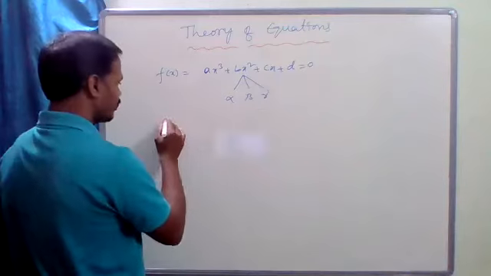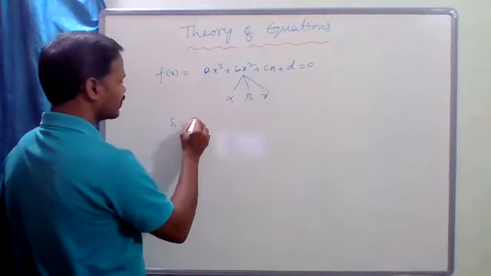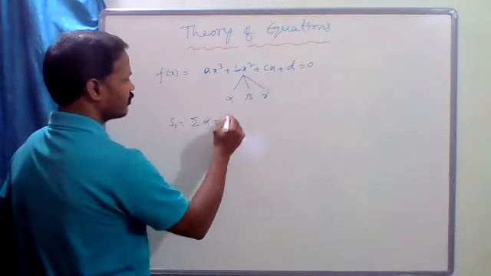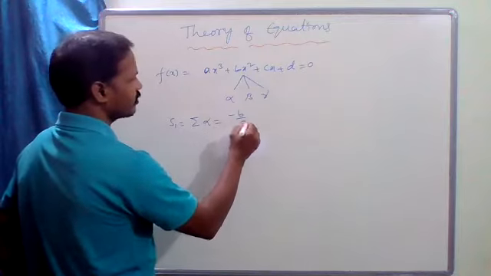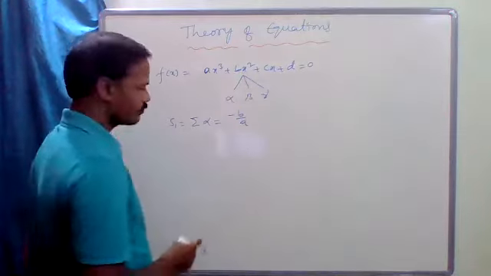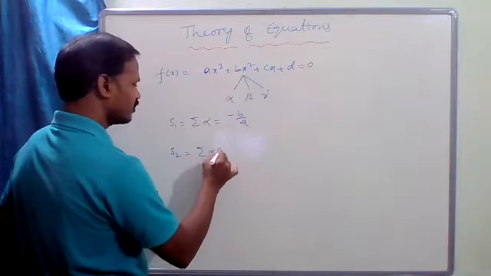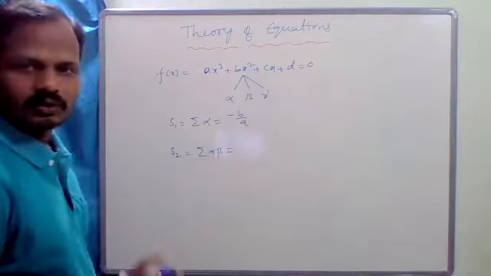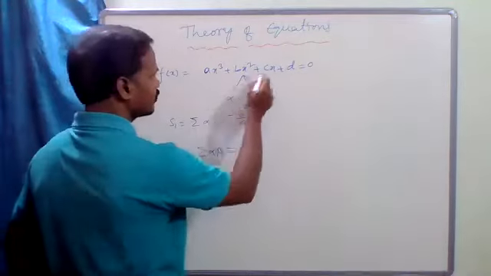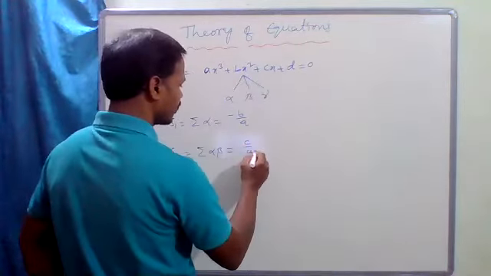Now S1, which is sigma alpha, equal to minus b by a. S2, sigma alpha beta, the sum of the product of the roots taken two at a time, is c by a.